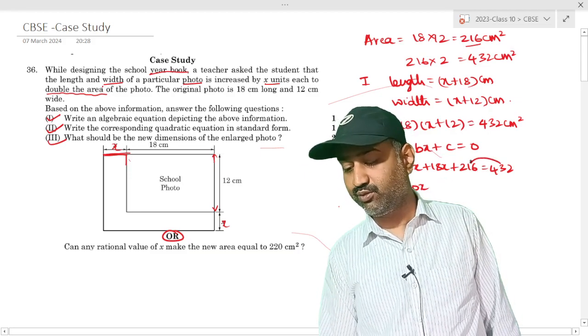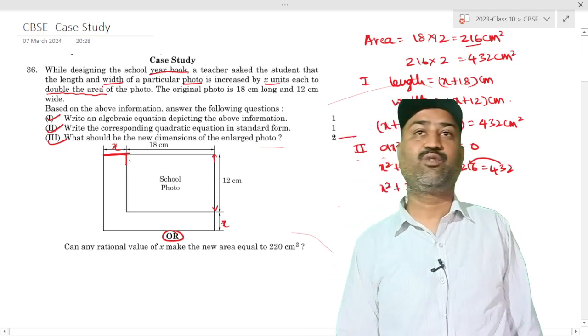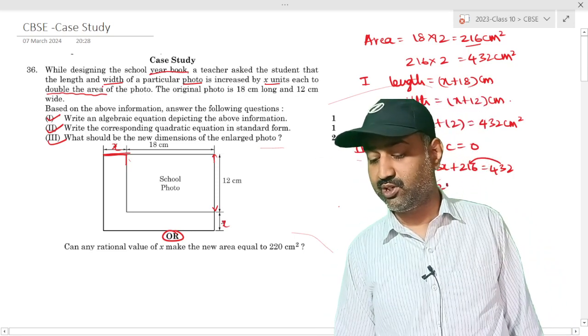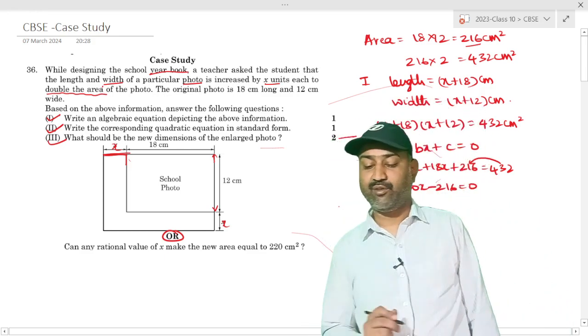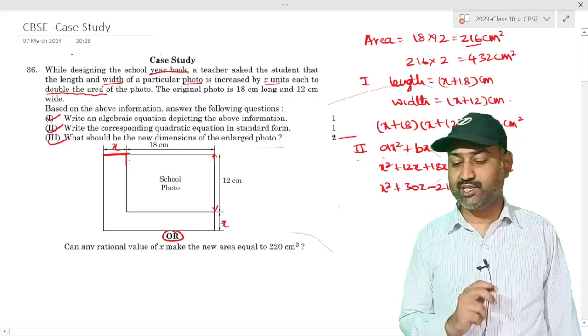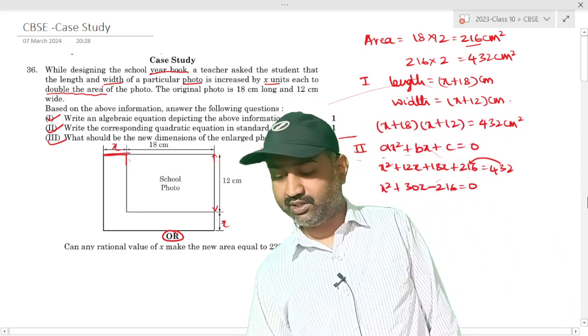If I send this 432 to this side, it becomes minus 432. 216 minus 432 is minus 216, is equal to 0. This is the standard form of the quadratic equation, that is ax square plus bx plus c is equal to 0.